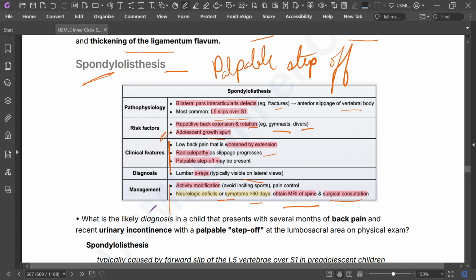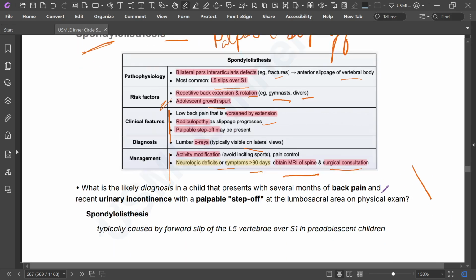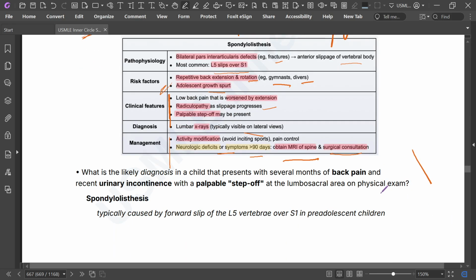What is the likely diagnosis in a child who presents with several months of back pain, recent urinary incontinence, and a palpable step-off at the lumbosacral area on physical exam?